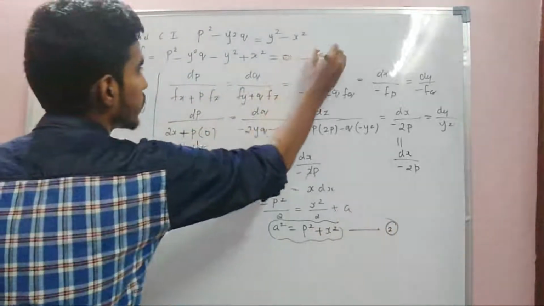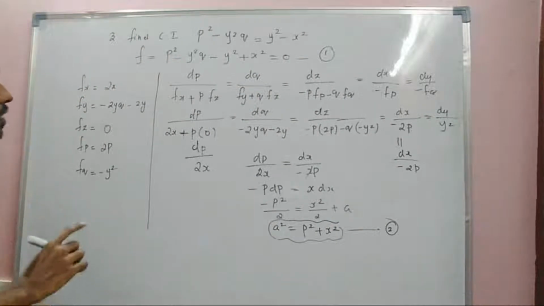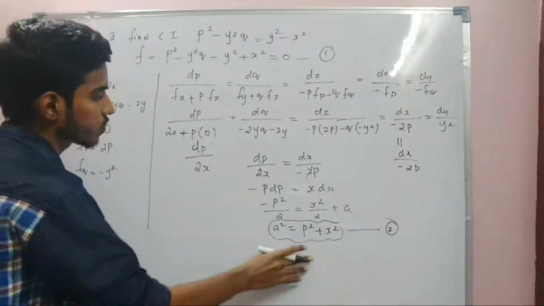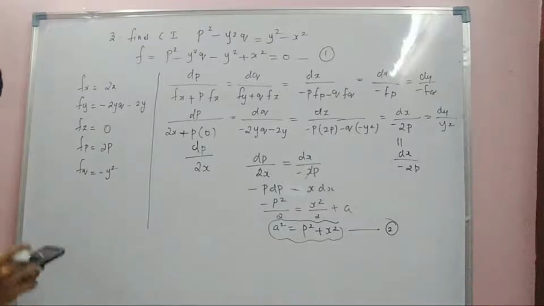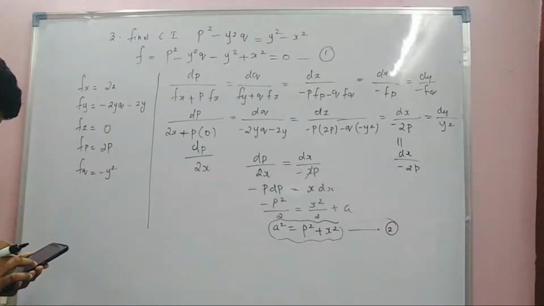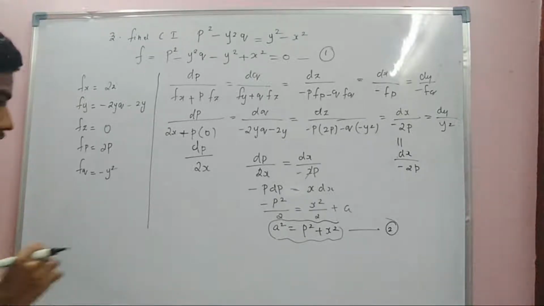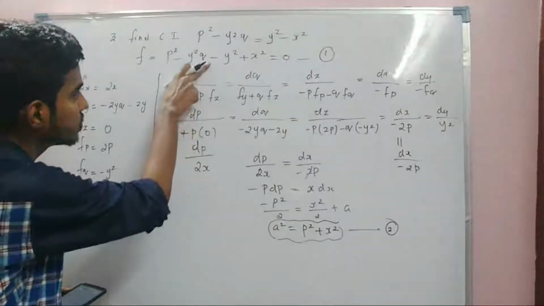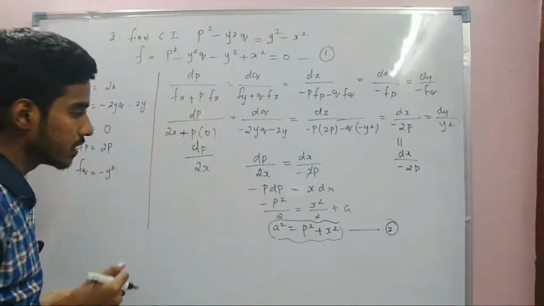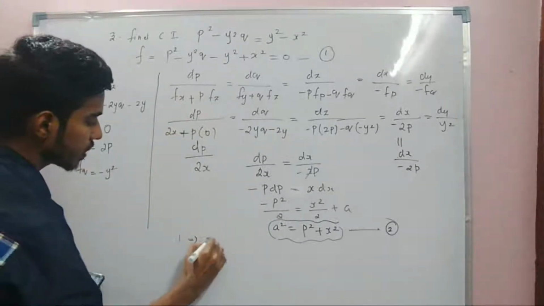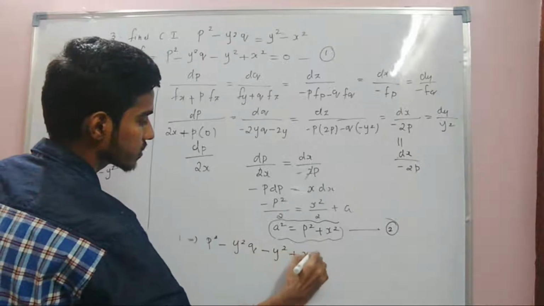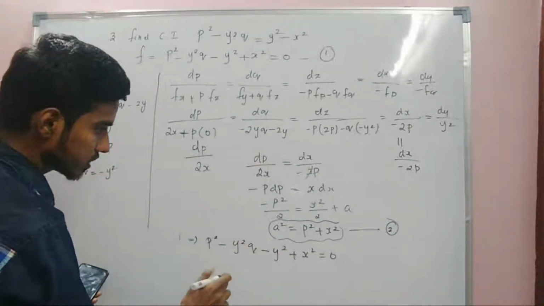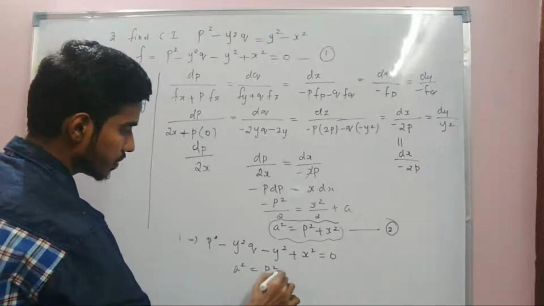This is our equation number 1: p square minus y square cube minus y square plus x square equal to 0, and this equation is a square equal to p square plus x square.